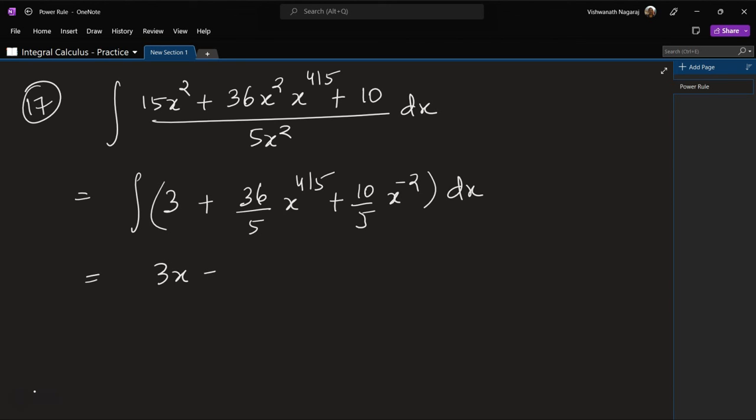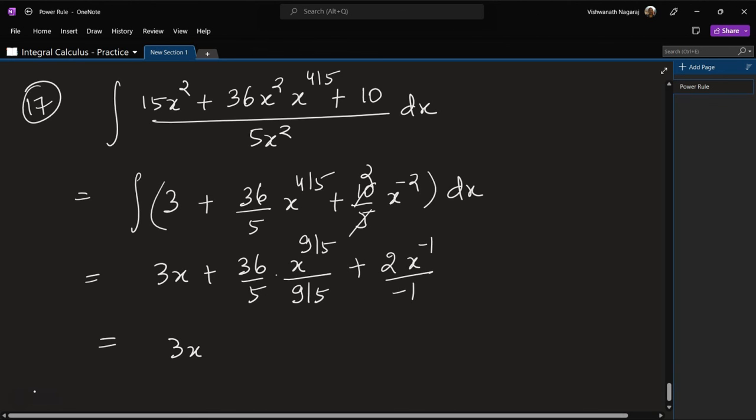We get 3x plus 36 by 5 times x to the power of 4 by 5 plus 1 gives us 9 by 5, divided by 9 by 5, plus 5 twos. So we have 2, and here we get x to the power of minus 1 by minus 1.